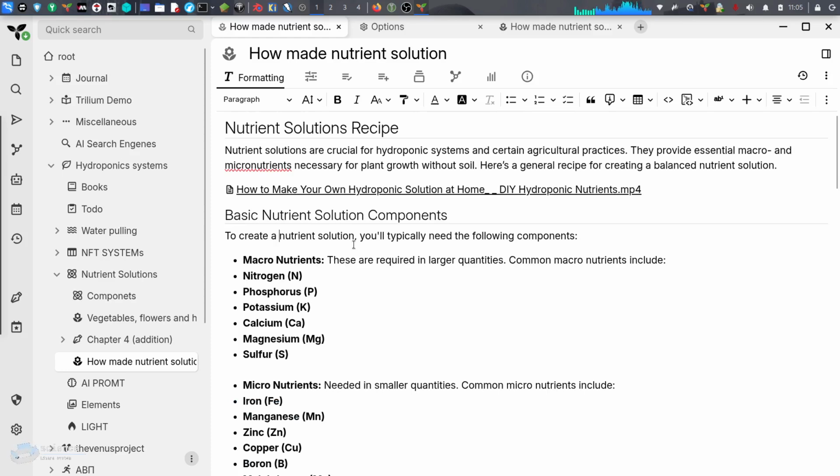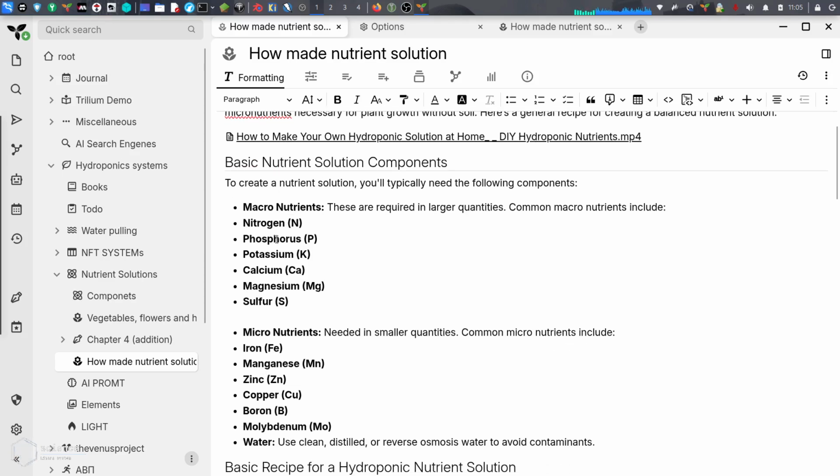Nutrient solutions are critical for hydroponic systems and certain agricultural practices. They provide essential macro and micronutrients necessary for plants' growth without soil. Here's a general recipe for creating a balanced nutrient solution. Macro and micronutrients, these two categories of nutrients.